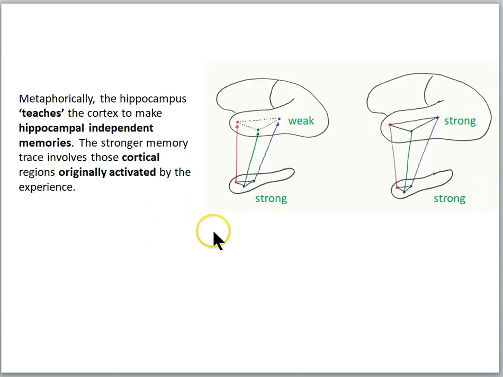In the lesson on HM, we used this diagram to illustrate the situation. Early on, we have a strong memory trace in the hippocampus, a weak memory trace in the cortex. After consolidation, the cortical memory trace has been strengthened. So metaphorically, the hippocampus teaches the cortex to make hippocampal independent memories. The stronger memory trace involves the cortical regions that were originally activated by the experience.